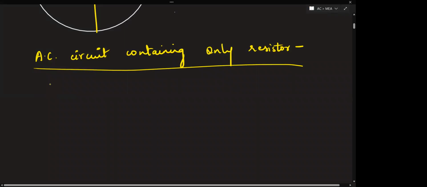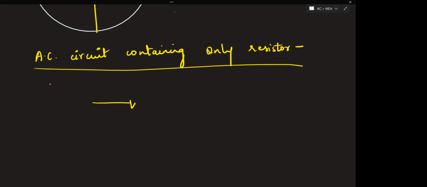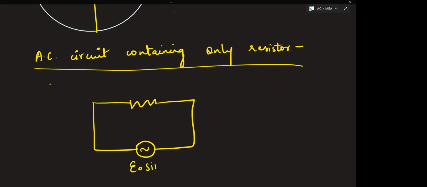It means a resistor is connected to the variable source. Now the battery is not connected. This is the source of EMF, the source of AC, whose value is E naught sine omega t. This is the resistor R. This we know. So this is an AC circuit containing resistance only.